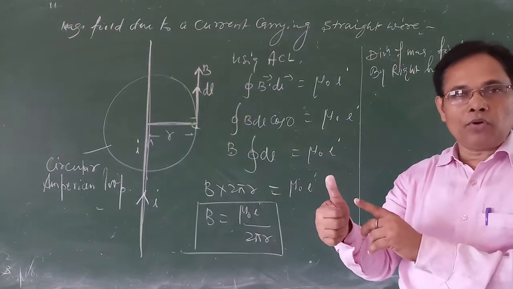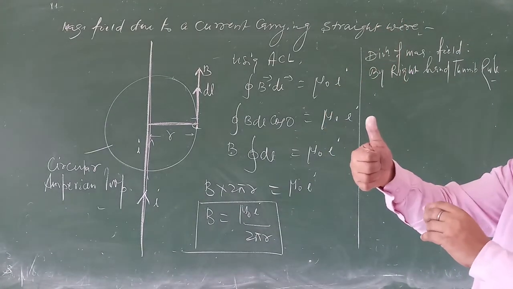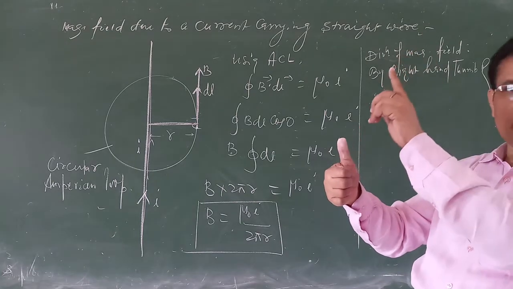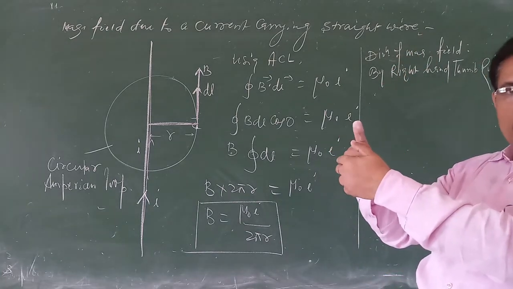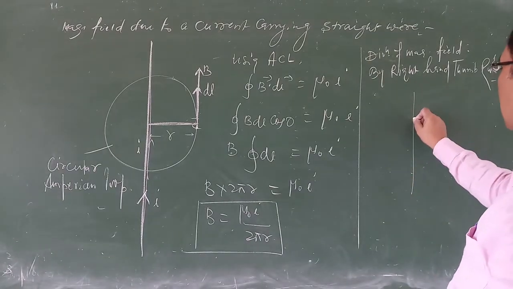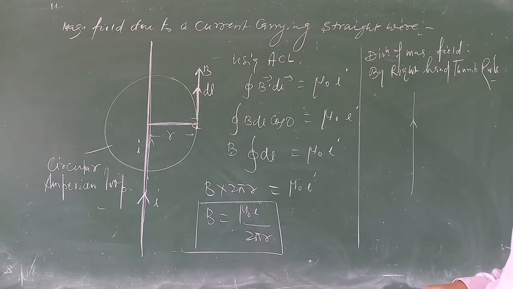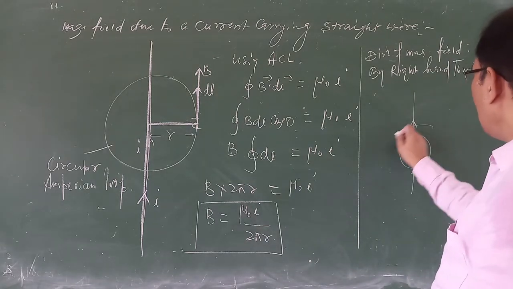So imagine if you hold a current carrying long wire in your right hand in such a way that the thumb indicates the direction of current. Then the magnetic field will be represented by the curled fingers. Suppose this is the current flowing through a conductor, and the magnetic field will be in anti-clockwise direction.